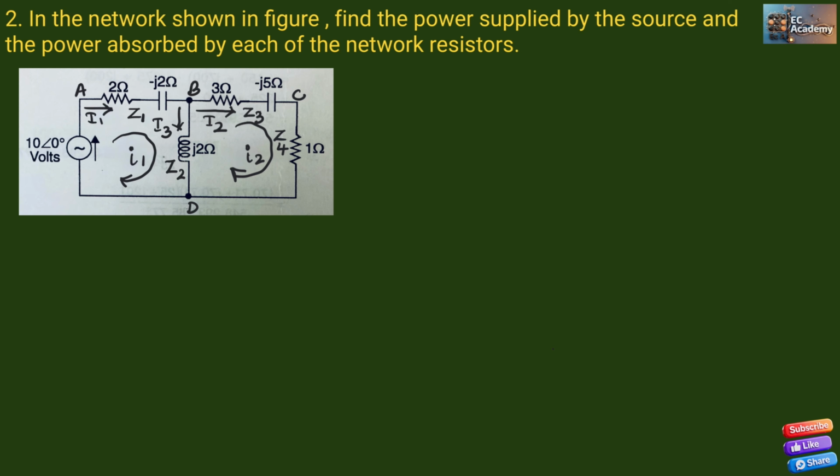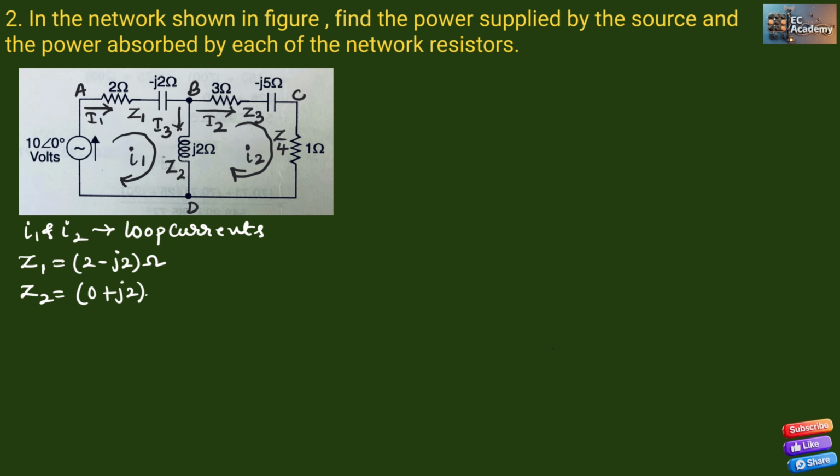Now, from the circuit, I1 and I2 are the loop currents. We can write the different impedance values. Z1 is equal to 2 minus J2 ohm. Z2 is equal to 0 plus J2 ohm, because we don't have any resistance, that's why we have taken that as 0.